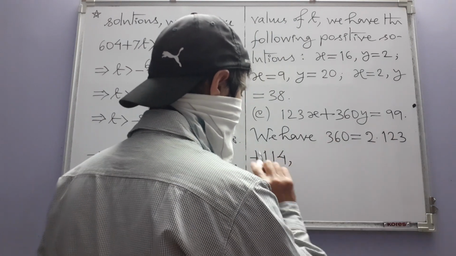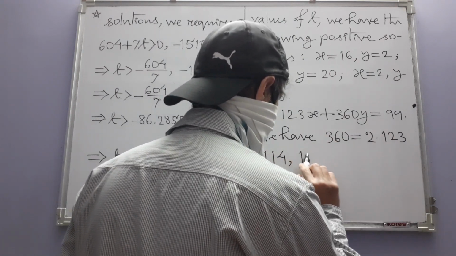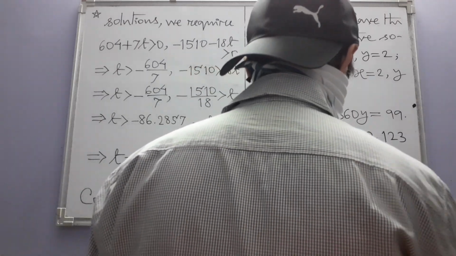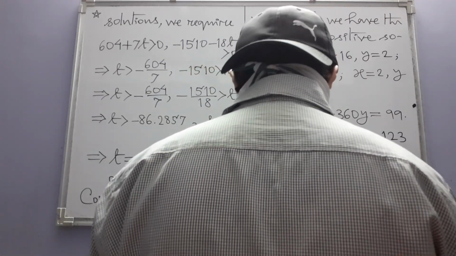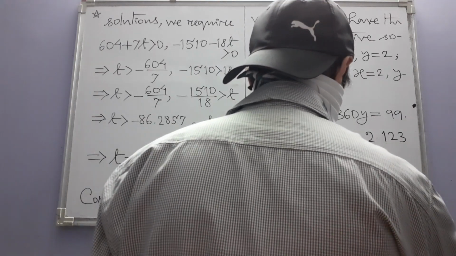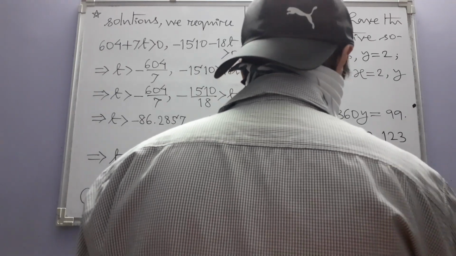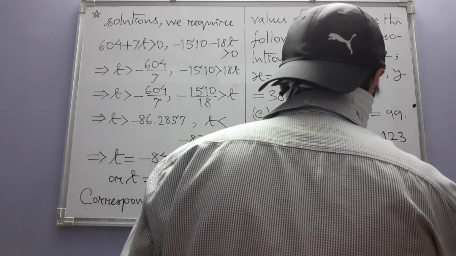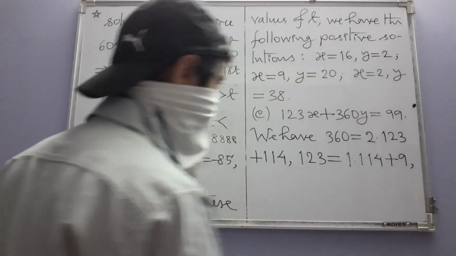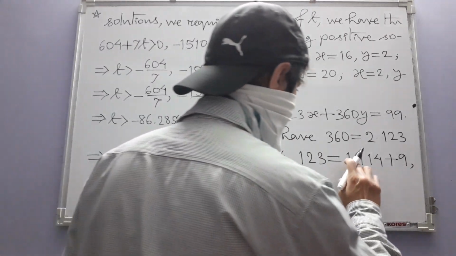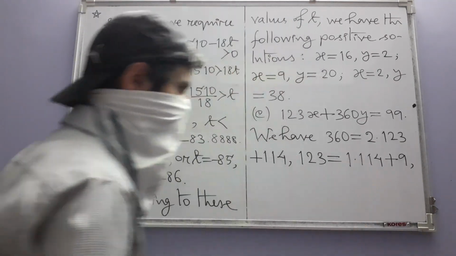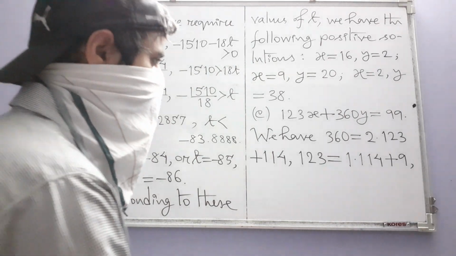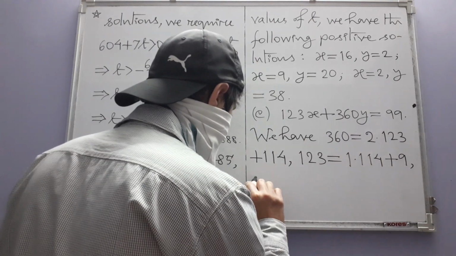And then we divide 123 by 114, because mistakes are very common, not just with numerical values, anywhere mistakes are inevitable. The best we can do is we can check again and again and make sure that there is no mistake as far as possible.